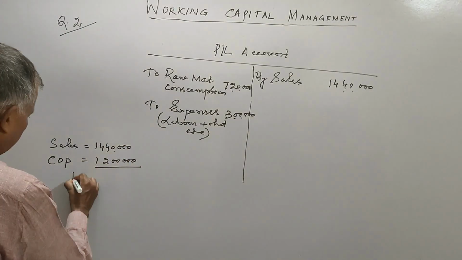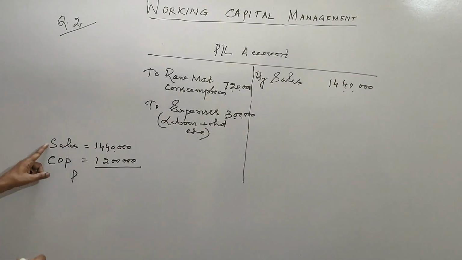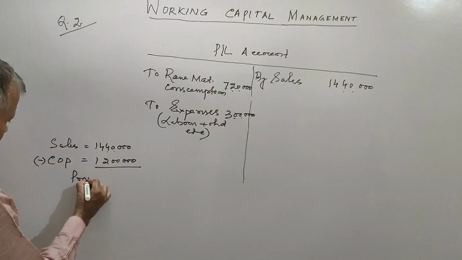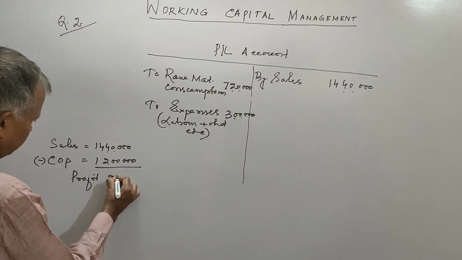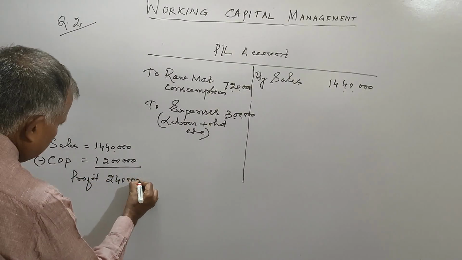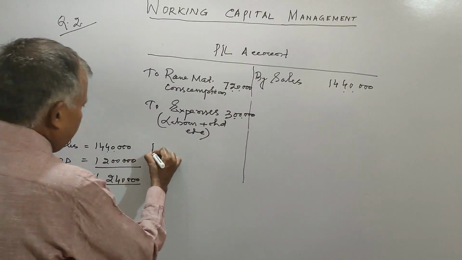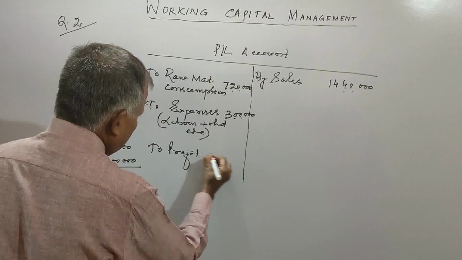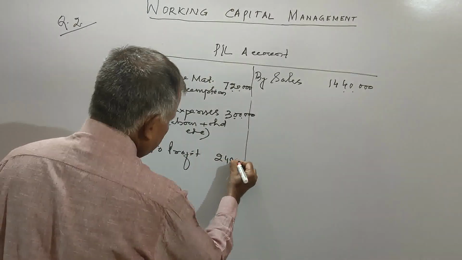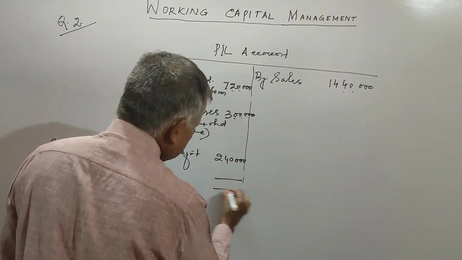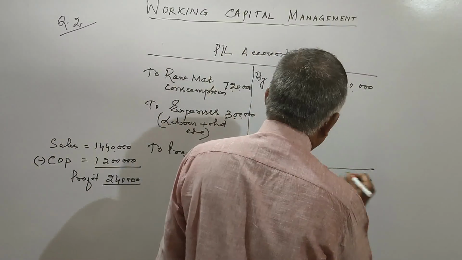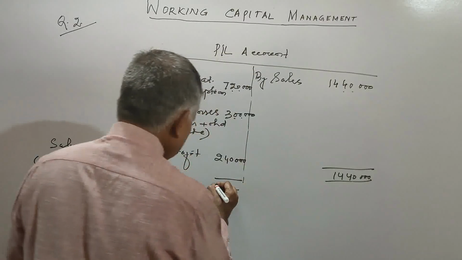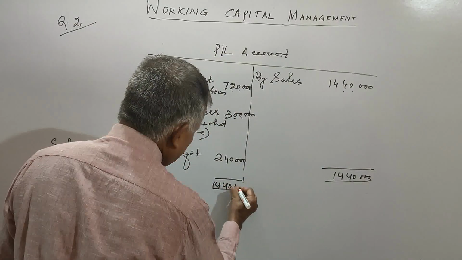So the profit, if we deduct sales minus cost of production, will give you the profit 2,40,000, right? So if I take the profit here, 2,40,000, then both the sides should tally, 14,40,000.